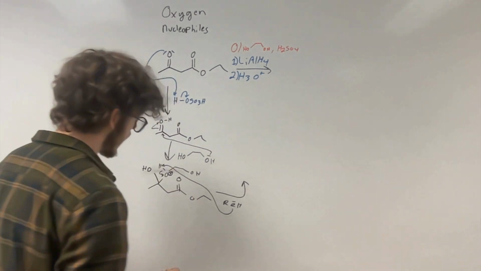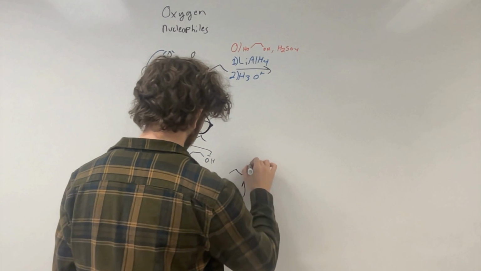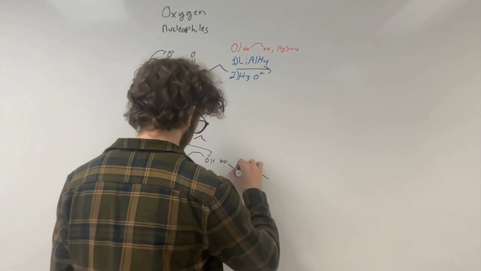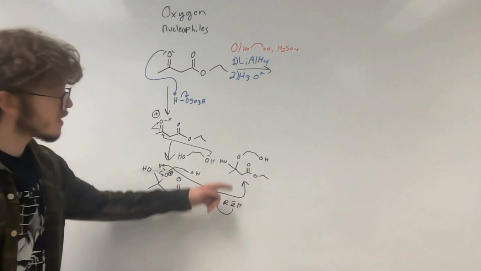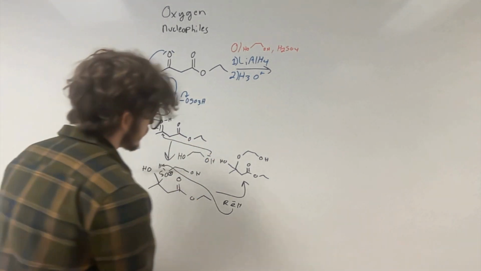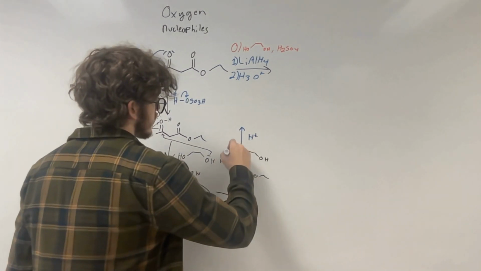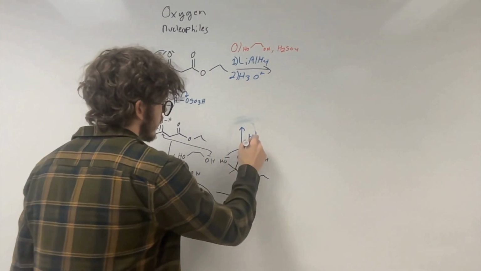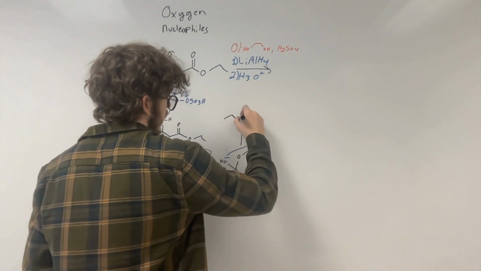It's going to take back a hydrogen, and we get this little hanging piece here, and we get our alcohol. The alcohol comes in and takes a proton in solution.